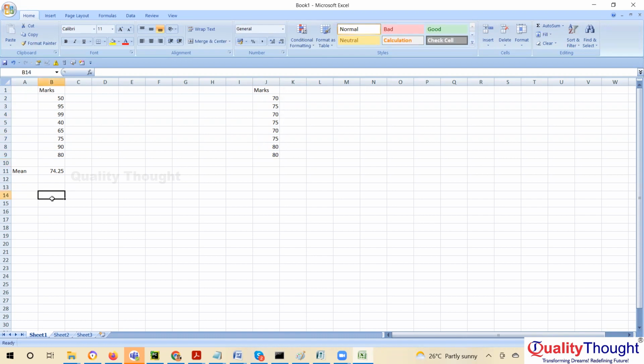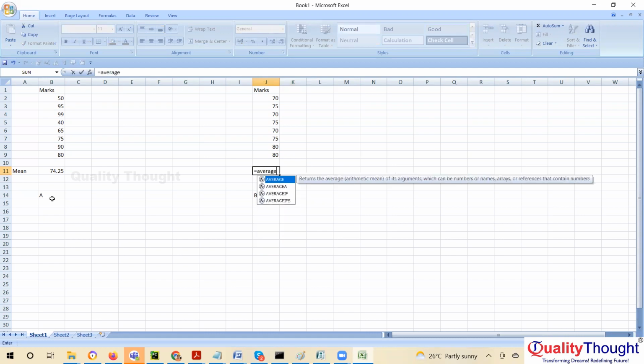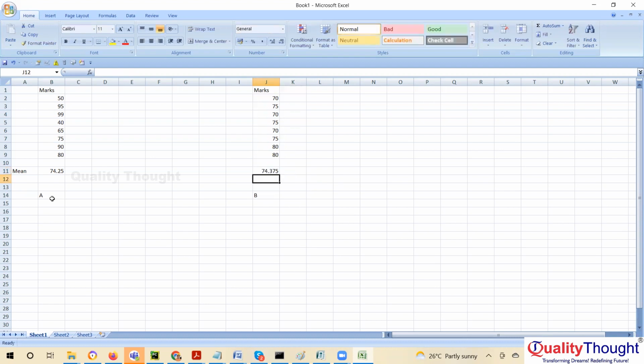Is this one more consistent or is the other guy more consistent? Is A more consistent or is B more consistent? B, sir. B, right? B is more consistent.